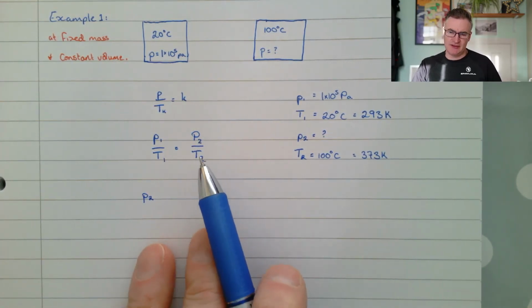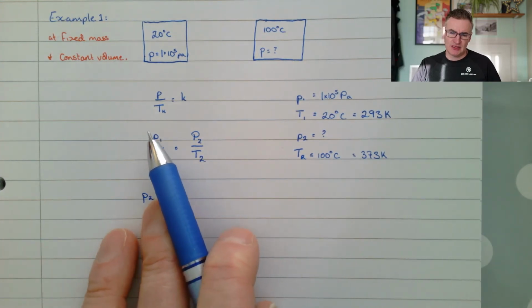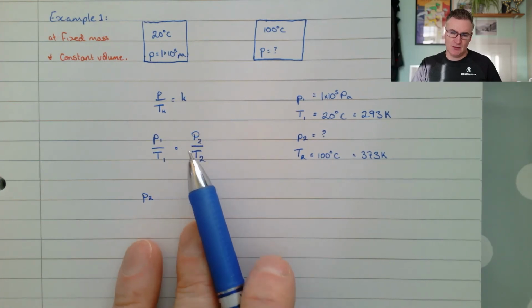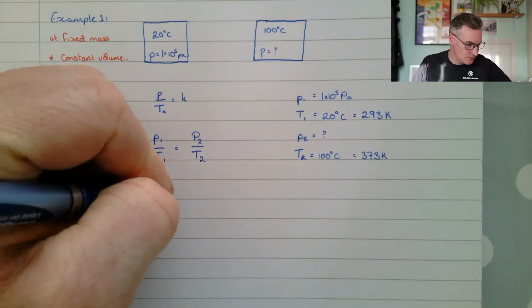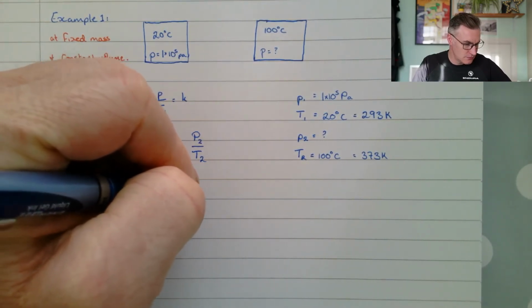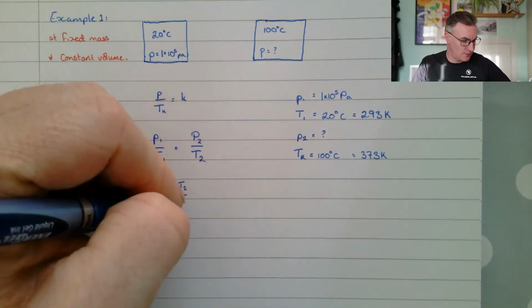We need to get rid of T2, and we do that by moving T2 diagonally up to here. And so we're going to be left with P2 is equal to P1 times T2 over T1.